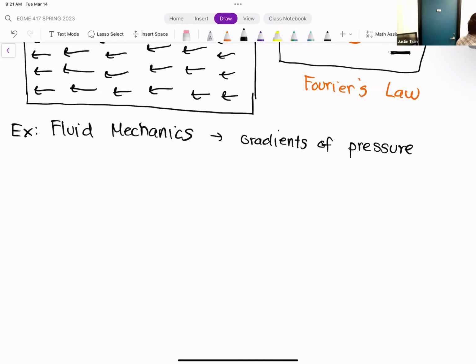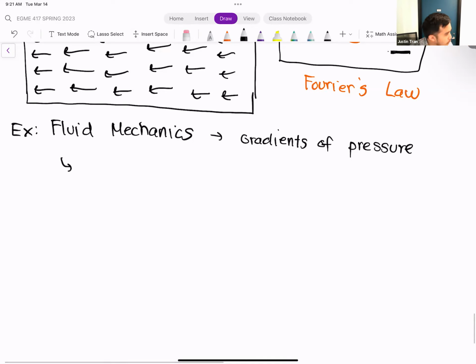The pressure is basically the force divided by area that's exerted by the fluid. So if you have an internal flow, you have a pipe, inside that pipe is fluid pressure. Fluid will flow, very similar to heat. Fluid is going to flow from areas of high pressure to low pressure.